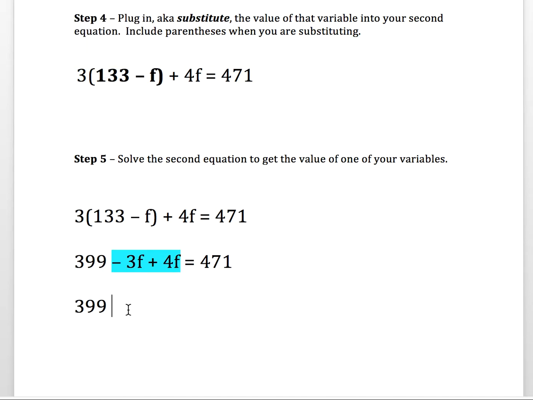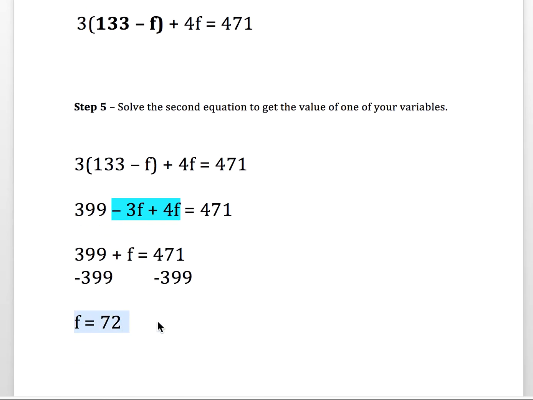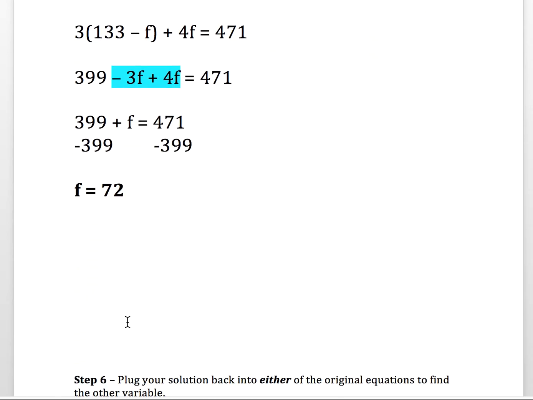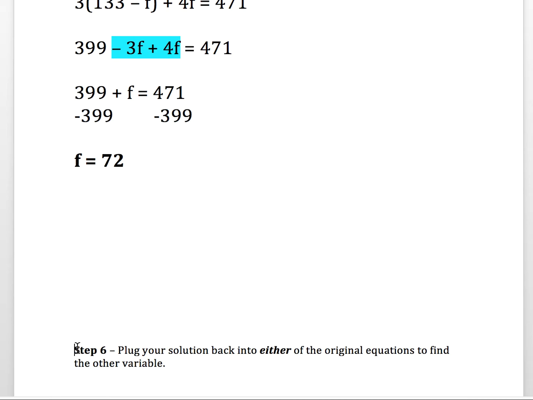Minus 3F plus 4F becomes just plus 1F, or plus F, equals 471. And now we're going to subtract 399 from both sides to solve for F. And we get F equals 72. So we just found that there's 72 friends and family tickets sold.